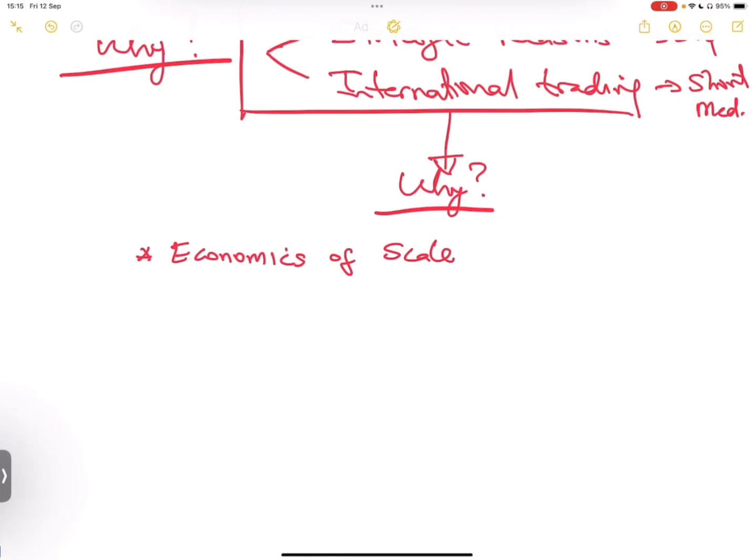They produce so much in, say, China, and they're able to reduce their cost of production because they are producing so much in that place. And from there, they can start sending across all the other locations where they are based. With that, they're able to reduce their cost of production, and they are better off.